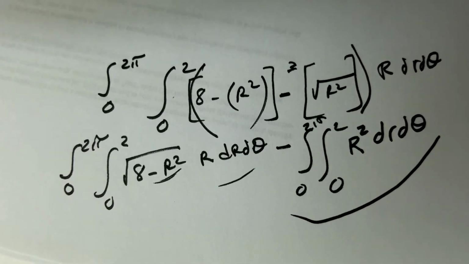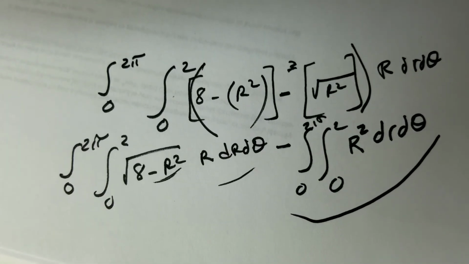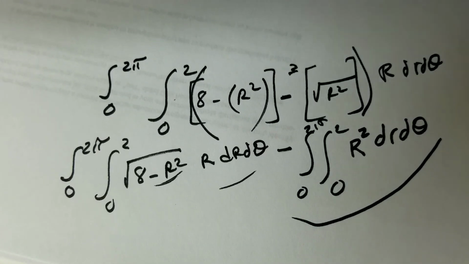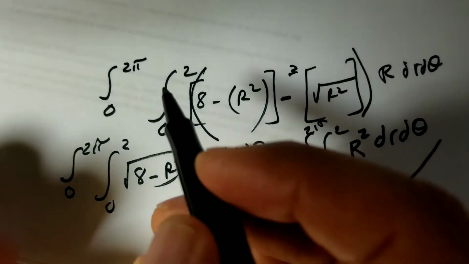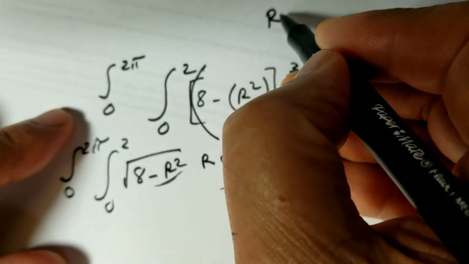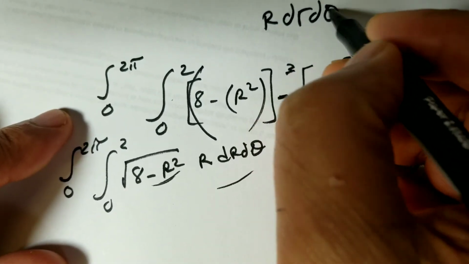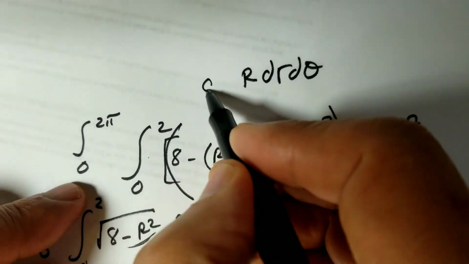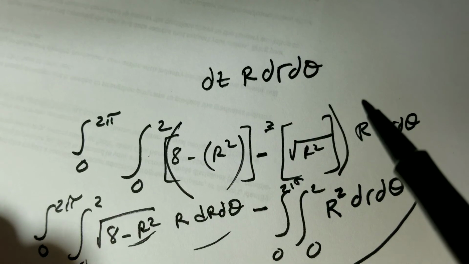Do you see triple integrals? Eventually, you have to learn it, and it would be very helpful if you change the last two to r d theta, but I left the z as it was.